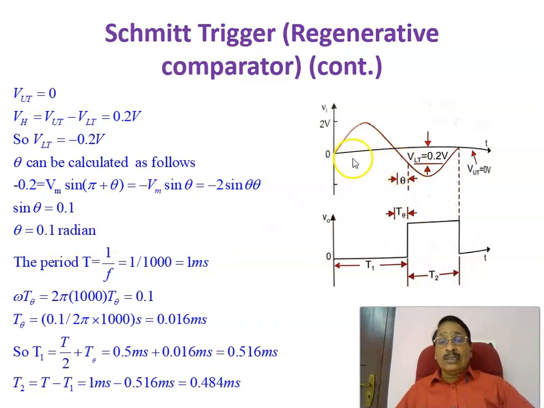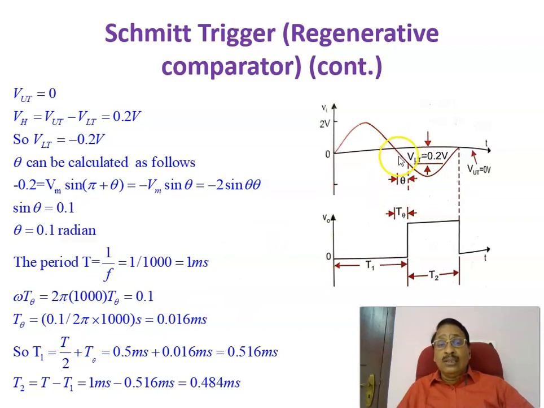Then pi plus 0.1 radians is the total on period, T1. If you calculate the total time period, T is 1 by f, or 1 by 1000, equal to 1 millisecond. Then you can calculate omega t theta: 2 pi f into t theta equals 0.1.